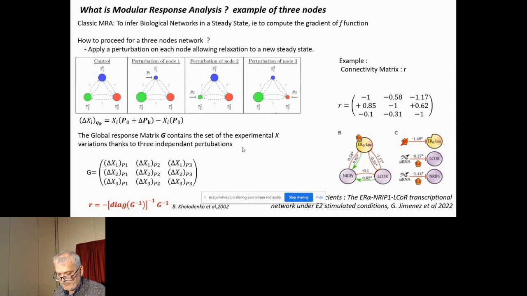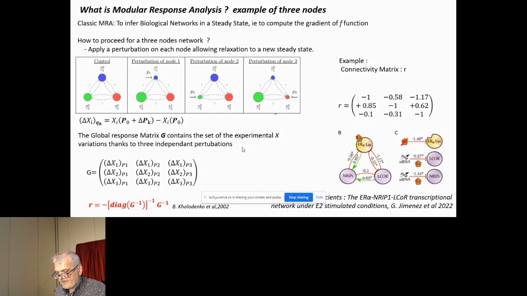And thanks to the 3 independent perturbations, the global response matrix G contains the set of the experimental variations of the activity of every node. And we can demonstrate that the connectivity matrix R is a function of J to the power minus 1.